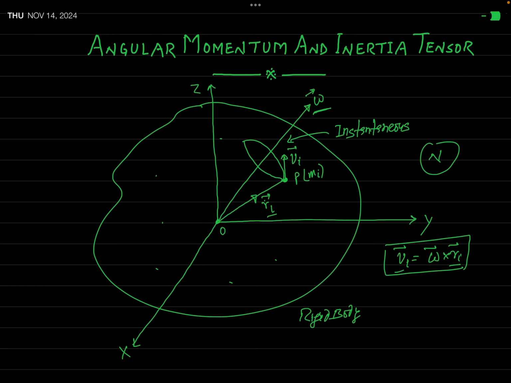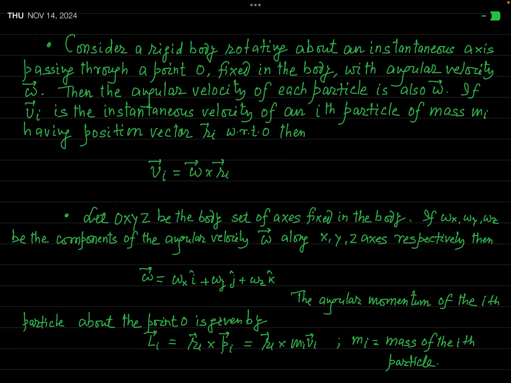Now, I have written these facts as you can see here. What I have explained, I have written. Vi, which is the linear velocity of the ith particle, is equal to omega cross Ri. And Oxyz is the body set of axes fixed in the body.